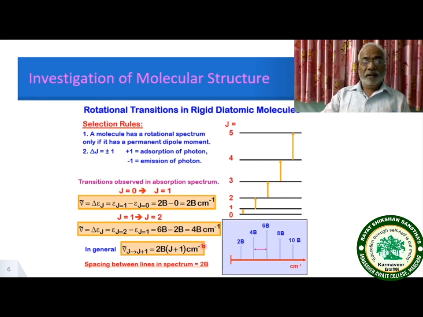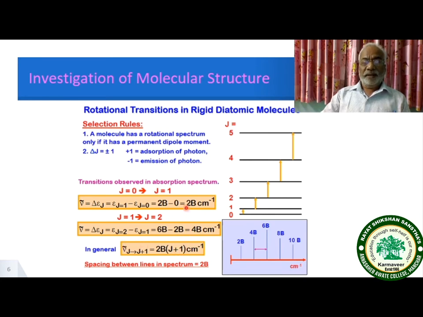And in general, from any one of the lower energy states to the next higher energy state, meaning from J to J plus 1, obtain the equation for J as we know, B J (J plus 1). Obtain the expression for J plus 1 as B (J plus 1)(J plus 2). So subtract higher energy minus lower energy, and one can obtain this expression as a general expression.